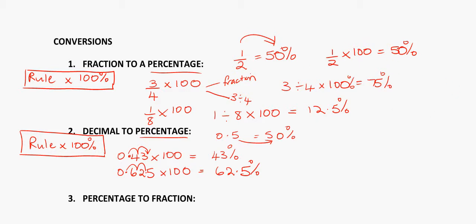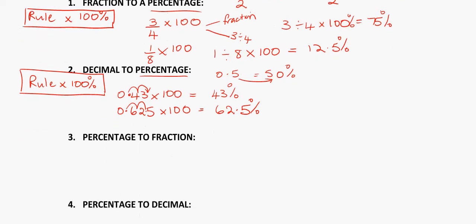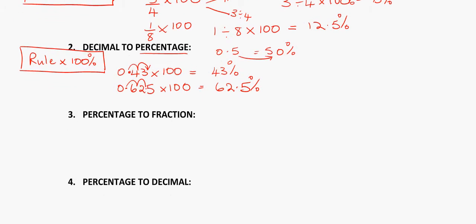Okay, let's try percentage to a fraction. We know 50% is 1/2. How did we get that? Now, with percentage to a fraction, percent means 50 divided by 100. That's what percent means.